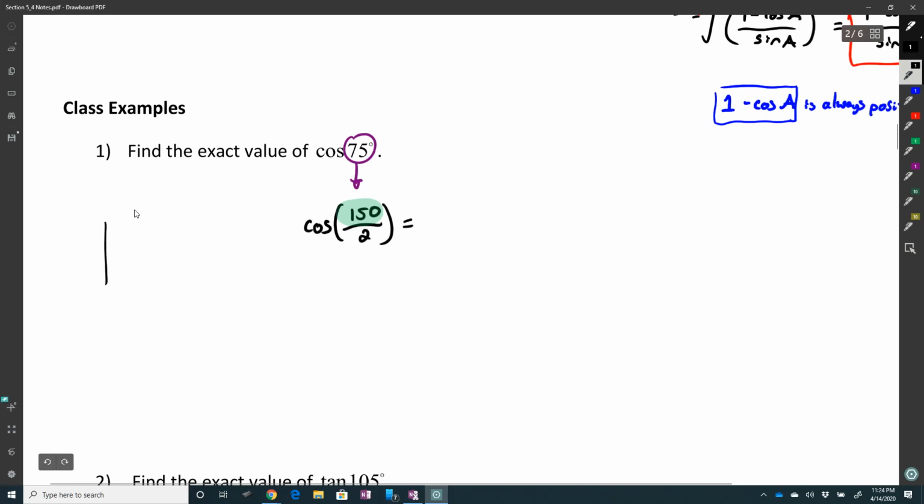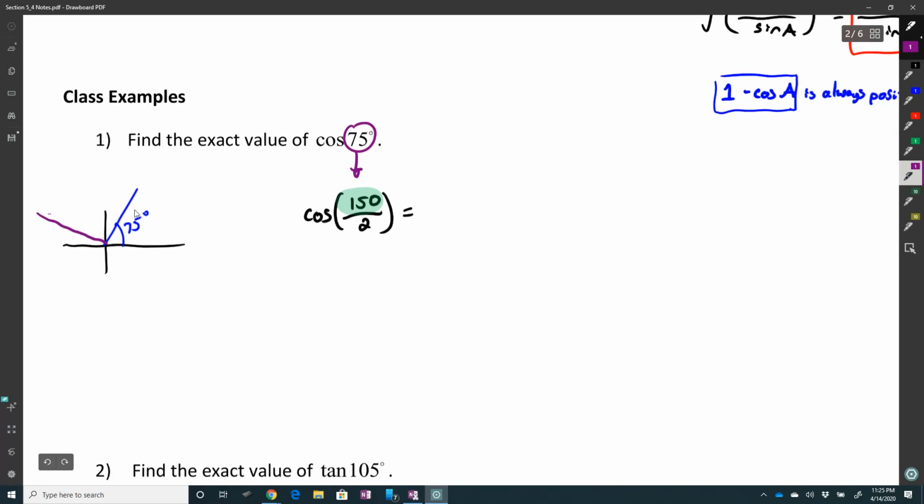And if I look at my notes here, there's two angles we're looking at. So 75 is more like this. Okay, so there's 75 degrees, and then we have 150 degrees, which is the whole thing.